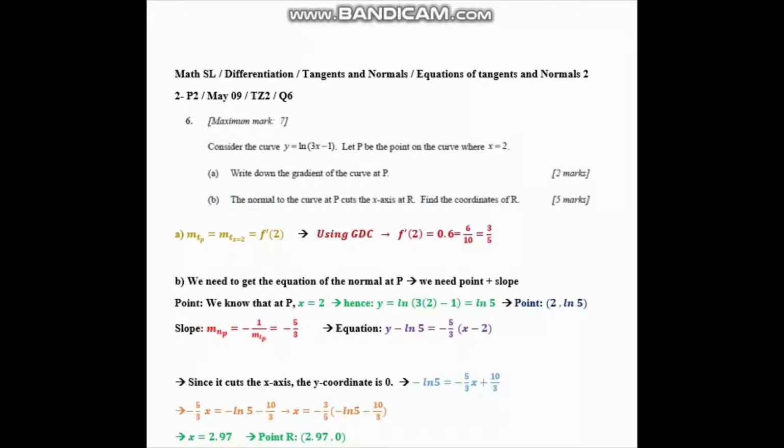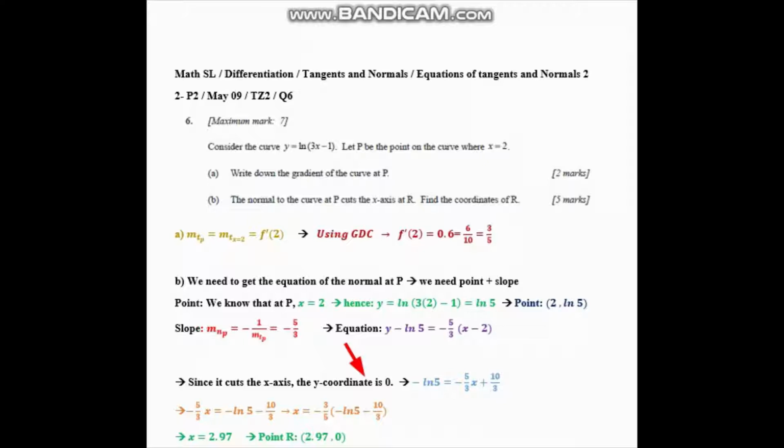Now, I don't need to find the equation only, I need to find where the normal cuts the x-axis. So, if a line is going to cut the x-axis, then at the point of intersection, the y value has to be 0, because any point on the x-axis has a y value of 0, and you should know that.